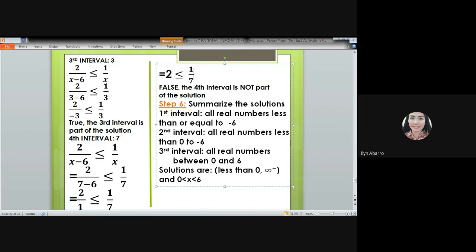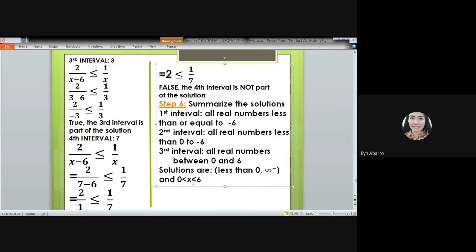in interval notation and in set builder notation. In set builder notation, ano yun nandito? X is greater than 0. That is, yung nasa gitna. Greater than 0 but less than 6. Ito yung interval number 3. Between 0 and 6.